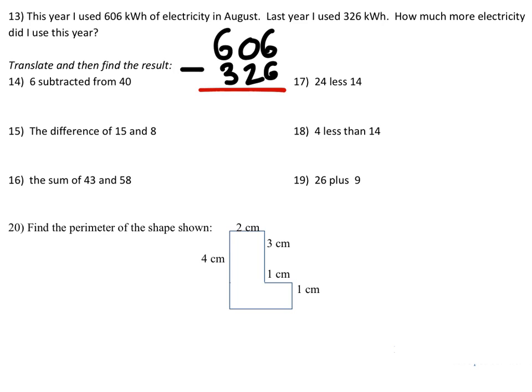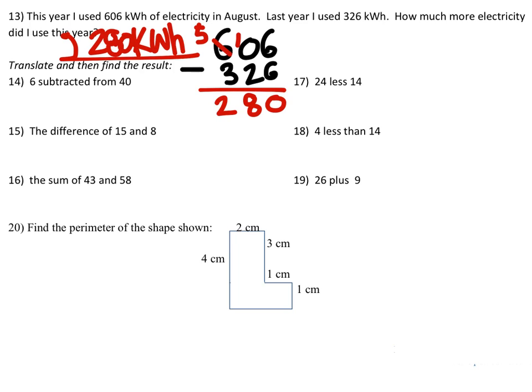So 6 minus 6 is 0. That's nice. Anything subtracted from itself is 0. 0 minus 2, so I do need to borrow on this one. 10 minus 2 is 8. And then 5 minus 3 is 2. So how much more did I use this year? 280. You can label it kilowatt hours. There we go.